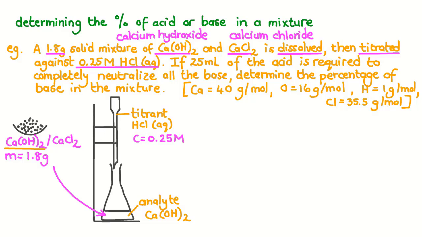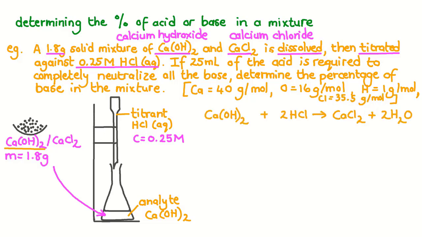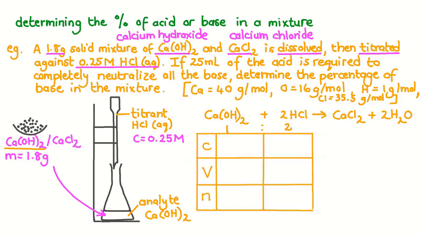This problem is solved in a similar manner to a normal titration calculation. We start with the balanced equation so that we can get the stoichiometric coefficients, or the molar ratio, in which the analyte and titrant react. We can then draw a handy table and fill in all the information that we know about concentration, volume, and number of moles for the two reactants.